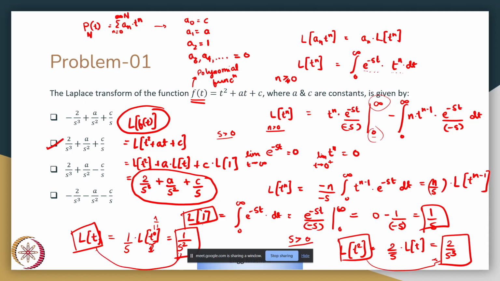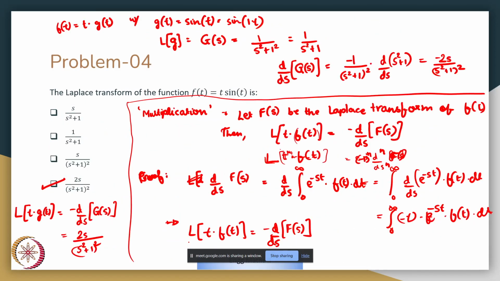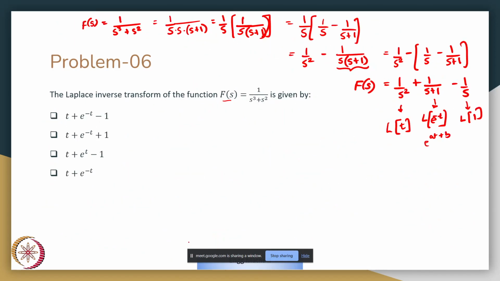That should explain why I have directly written 1 by s square to be the Laplace transform of t. So my function, the Laplace transform of f of t, which is F of s, is nothing but the Laplace transform of t plus e raised to minus t minus 1.